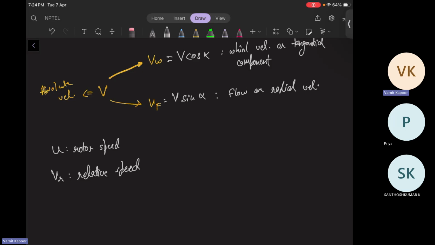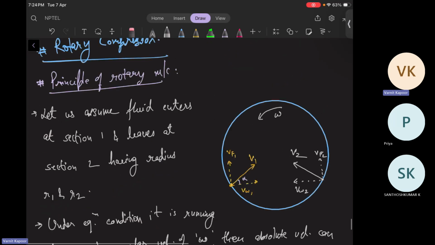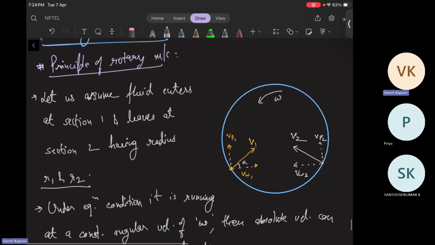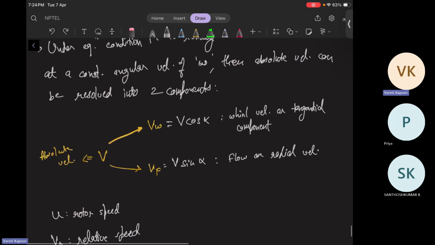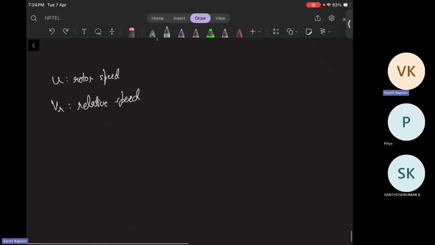So how will you get the rotor speed at inlet and outlet? Because at section 1 and section 2, I'm saying that they have different radii R1 and R2. So what will be the rotor speed at inlet? My whole system is moving at a constant angular velocity omega. No, I'm not talking about the working fluid, I'm talking about the machine.